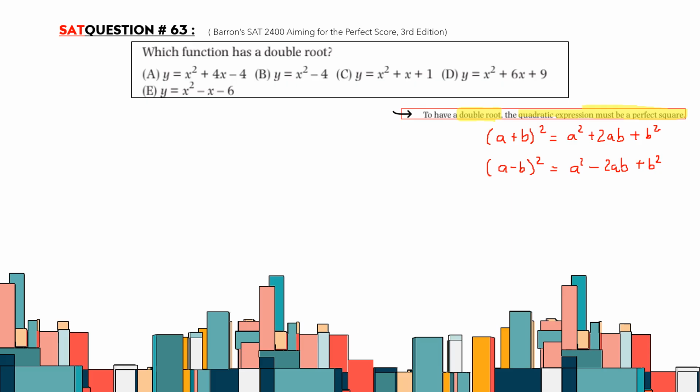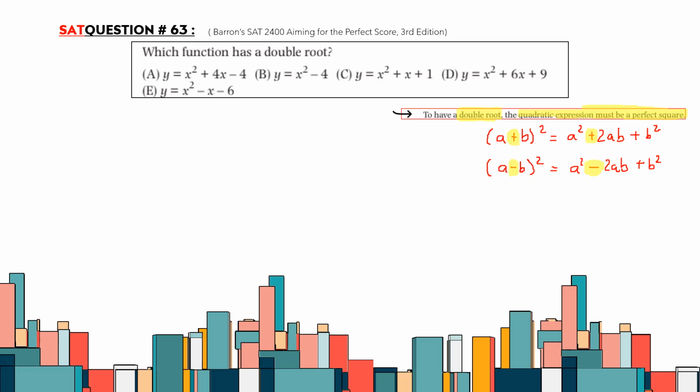The only thing we have to notice is here: if you have the sum, that position will be plus. If this one is negative, that position will be negative. The rest is the same, right?